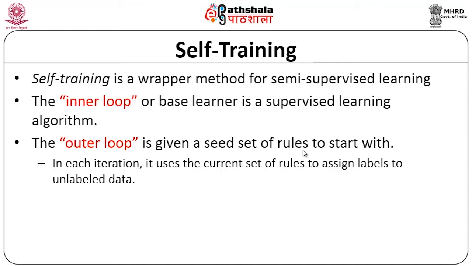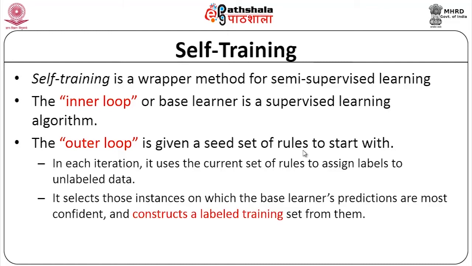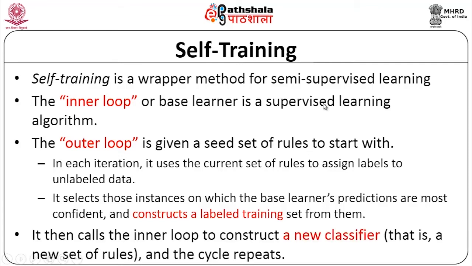And then you assign labels, and then you have to select those instances on which the base learner's predictions are the most confident and construct a labeled training set from them. So, now you have a new labeled training set, from that you can get a new pattern or rule. It then calls the inner loop to construct a new classifier, that is a new set of rules, and the cycle repeats. Let us just look at this in more detail.